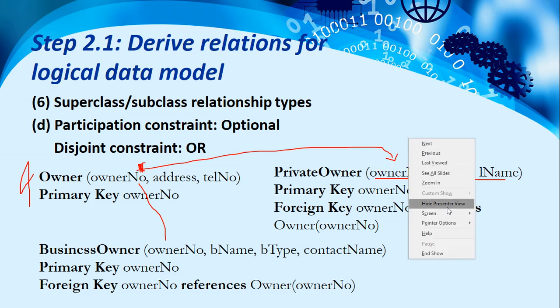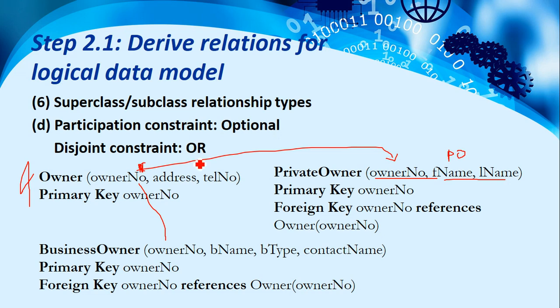sorry, medyo this is supposed to be, basta alam niyo na yung ibig sabihin ko. Bale, itong business owner na to na relation, yung owner number to, this was just a copy of our primary key galing sa superclass natin, kasi again, yung superclass is our parent entity, and the child entity just simply copies the primary key of its parent.